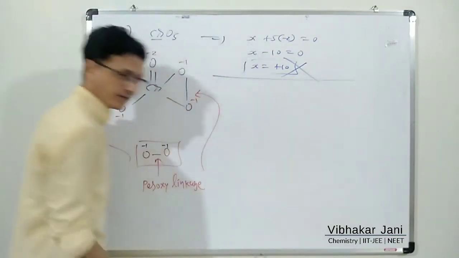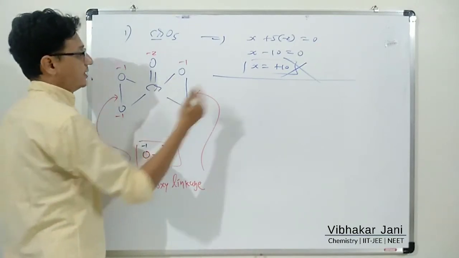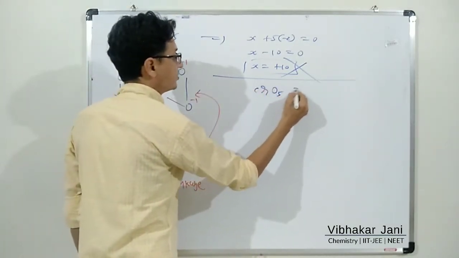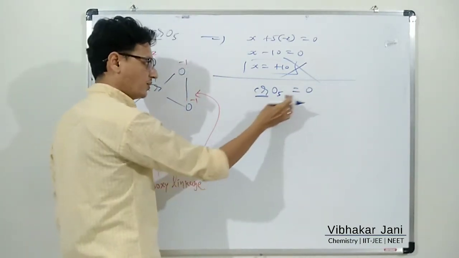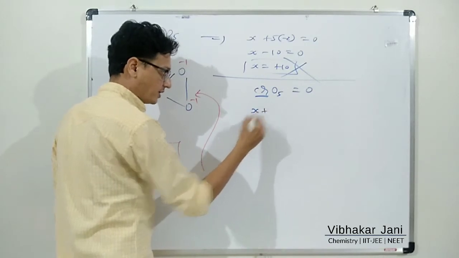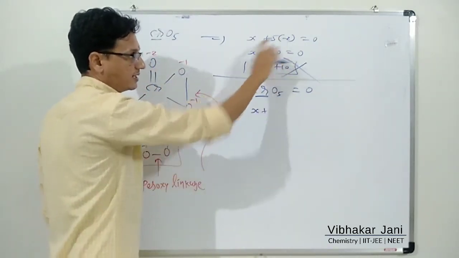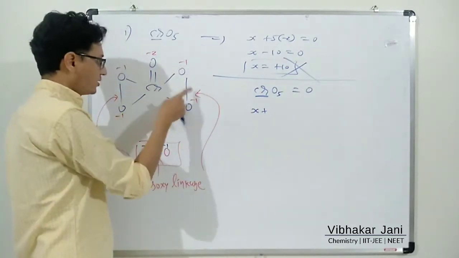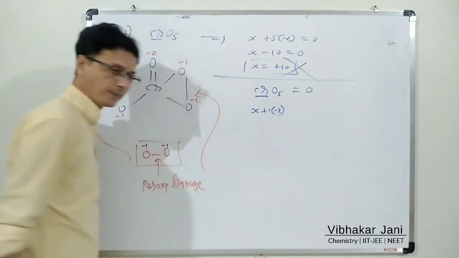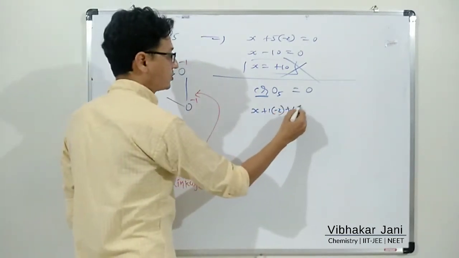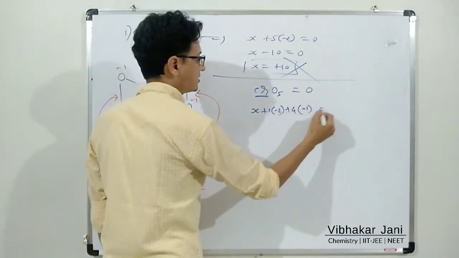The correct method is, after knowing the structure, to find the oxidation state of chromium in CrO5: x plus... Here all 5 oxygens do not have the same oxidation state. There are two kinds of oxygen: one oxygen has -2 and four oxygens have -1 oxidation state.